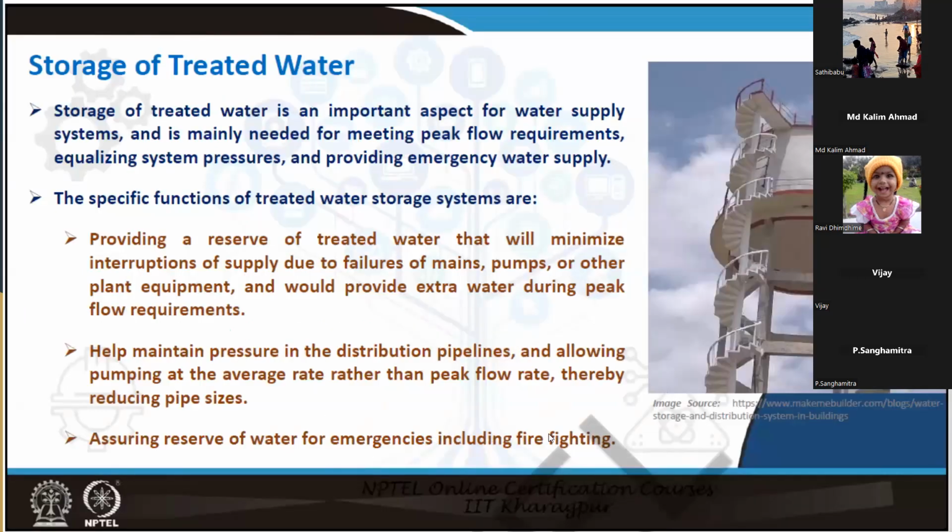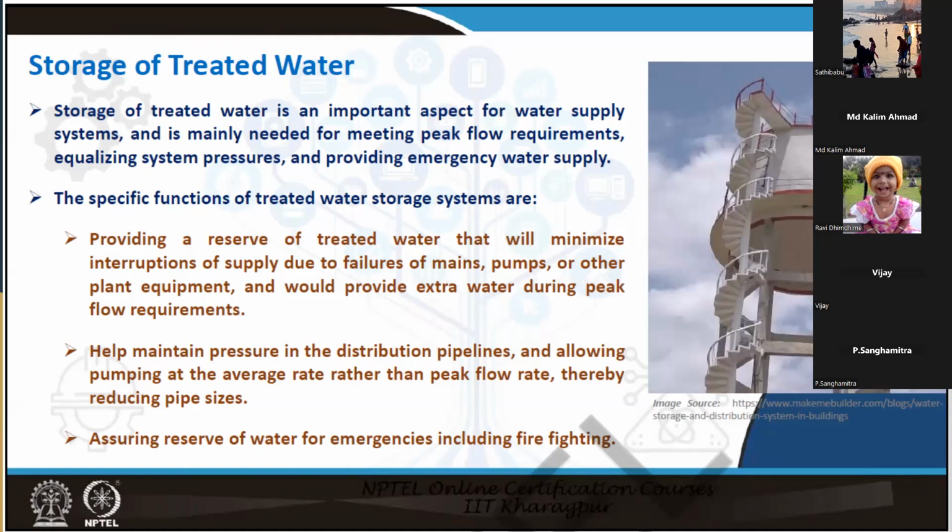Emergency purposes include firefighting. And then in distribution pipelines, if pressure is not maintained, it is going to be difficult and bad for the distribution network also. When air is trapped, it is going to deteriorate the quality of distribution pipelines.